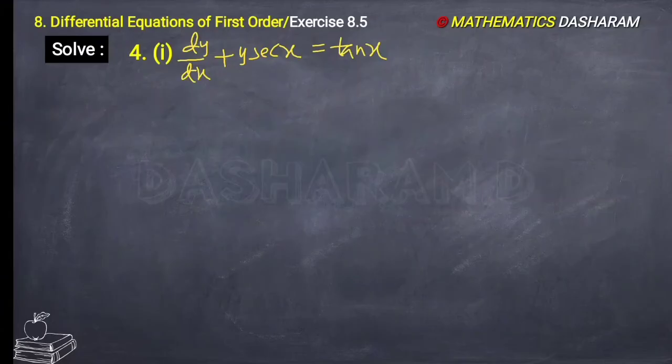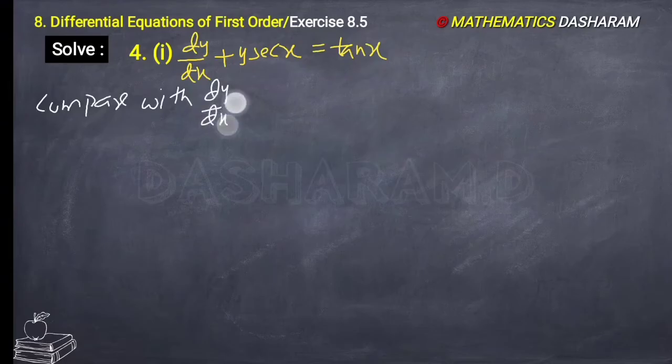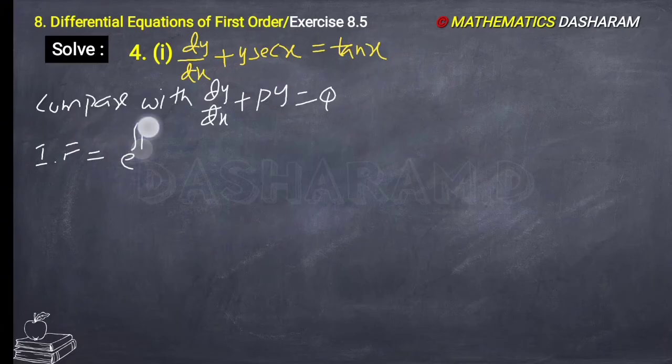Fourth bit, first problem: dy by dx plus y into sec x equals tan x. So let's compare with the standard form dy by dx plus p into y equals q. Then find out the integrating factor, that is e to the power of integration p dx.